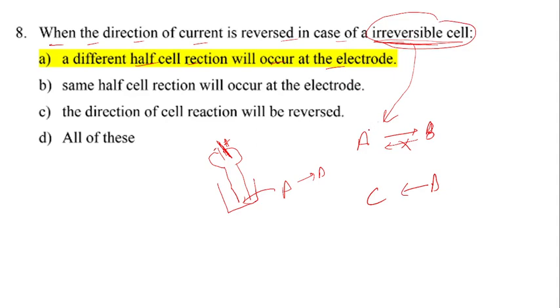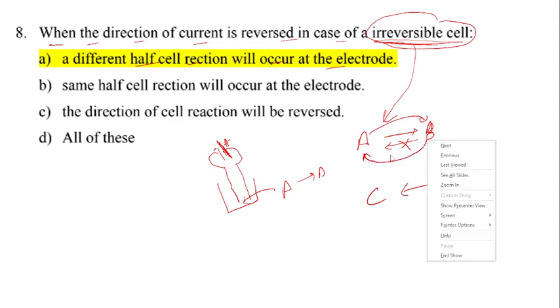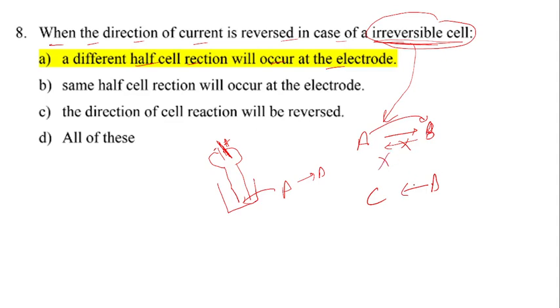Suppose this half reaction, A is converting into B. But because it is irreversible, when you apply reverse current, this half reaction will not reverse. This is not possible, but some different product can be generated, like B to C. A cannot be generated, so a different half cell reaction will occur.